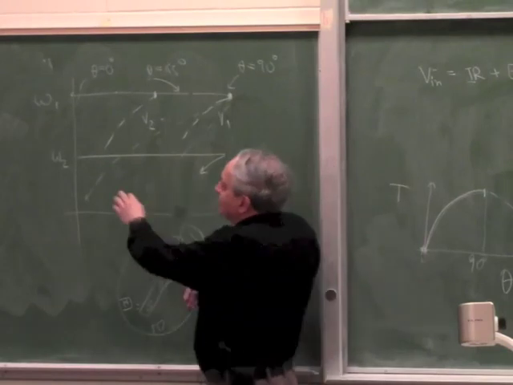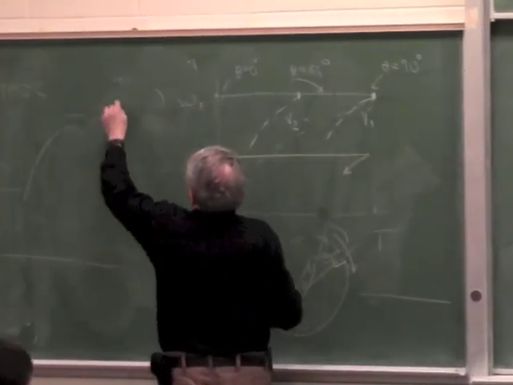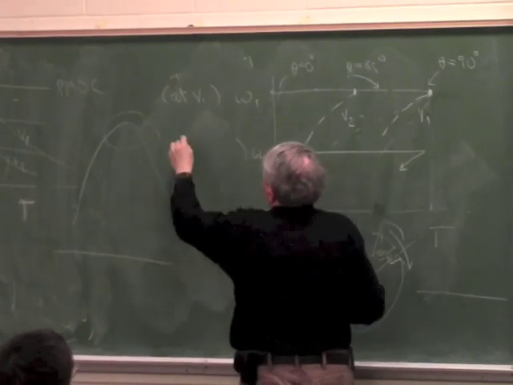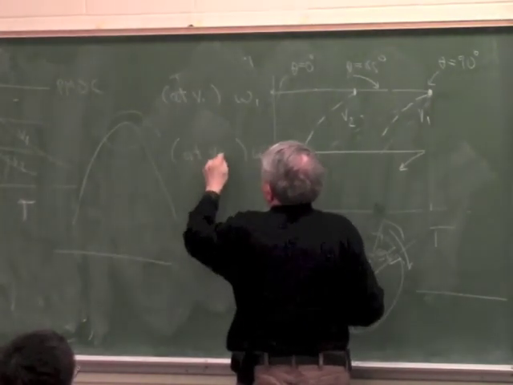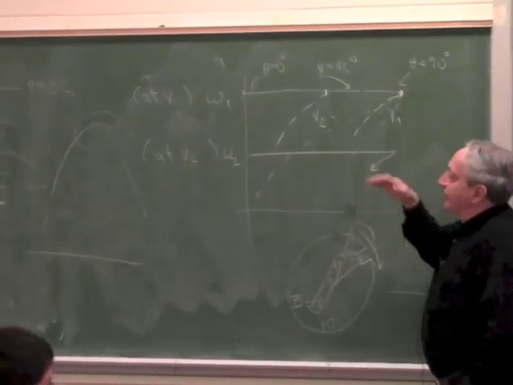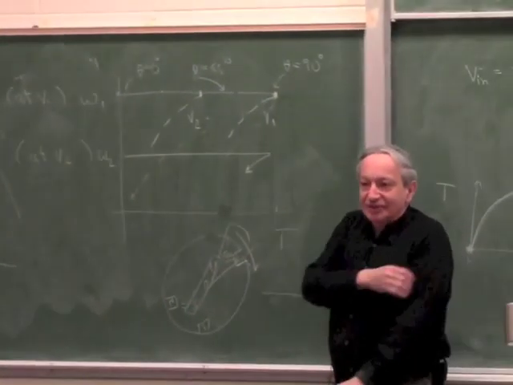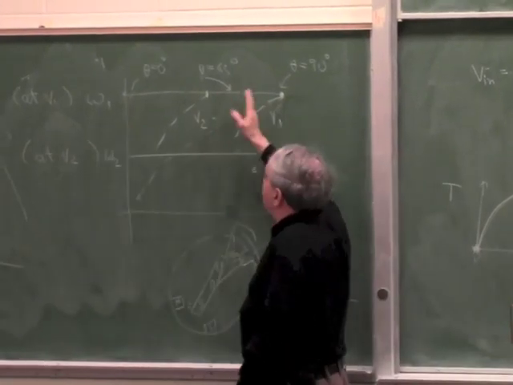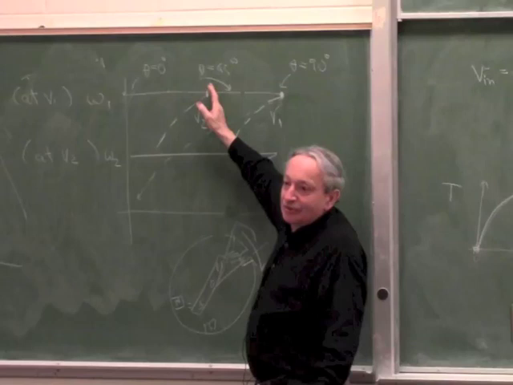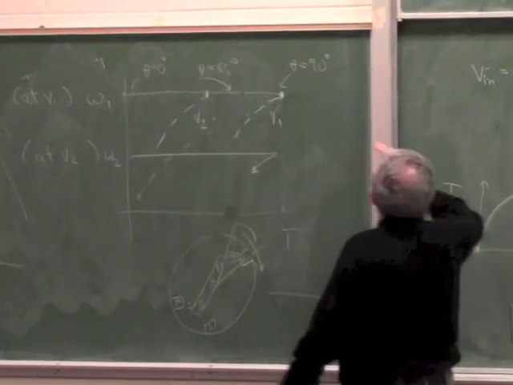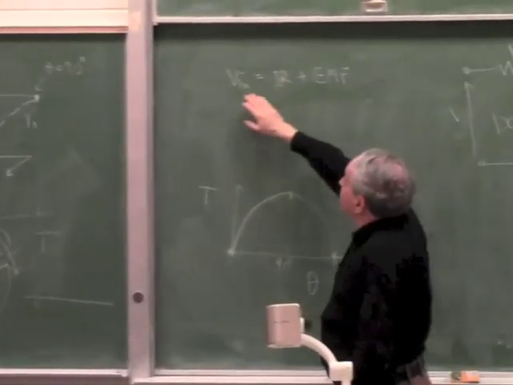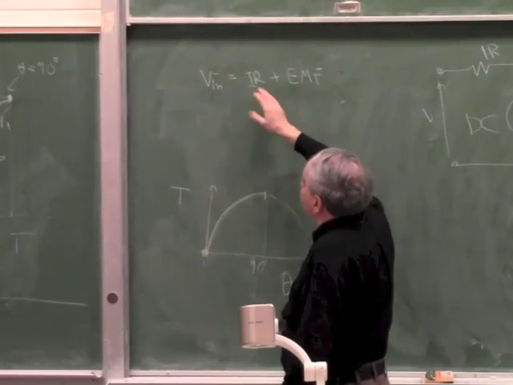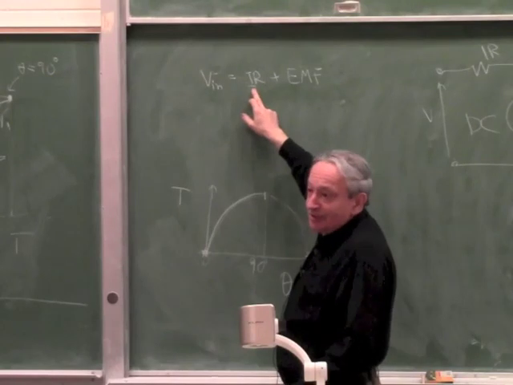So this is omega 1 done at, say, V1, but if I lower it to omega 2, I have to lower also the voltage. But just lowering the voltage will not change the speed. If I keep the frequency constant and I just lower the voltage, all that happens is I'm limiting the torque. Because if V is lower and the EMF is the same, because the speed is the same, then IR has to be lower, which means I has to be lower.